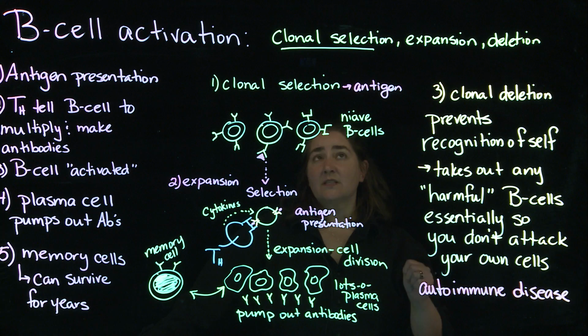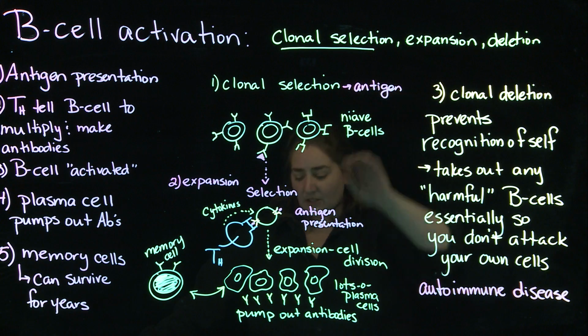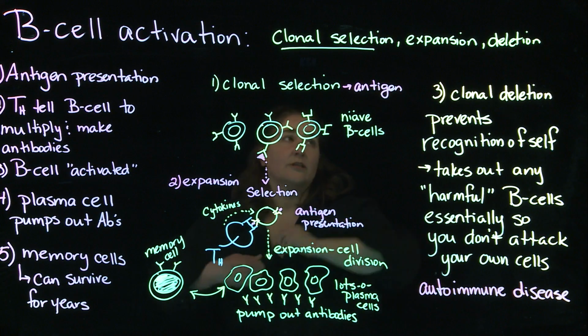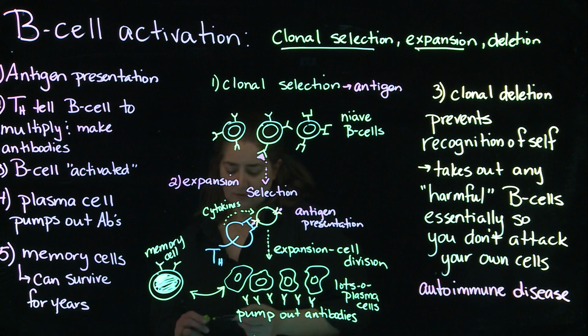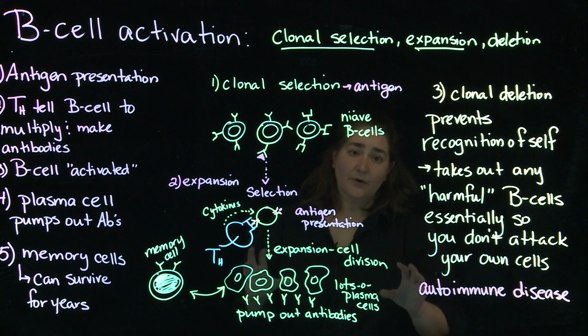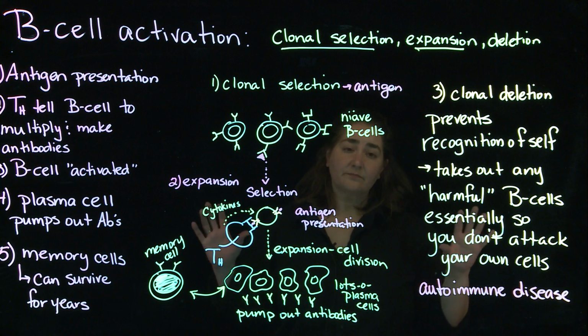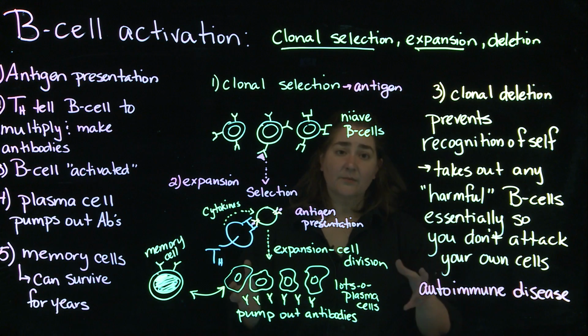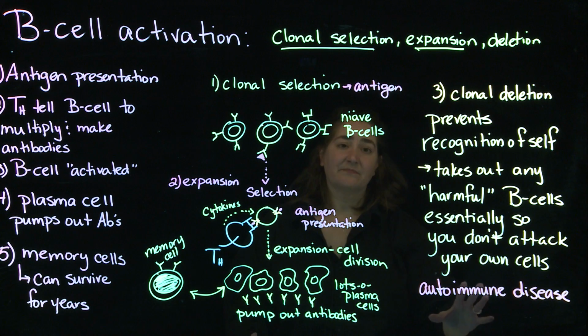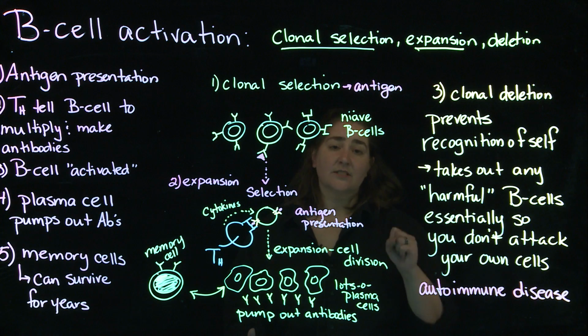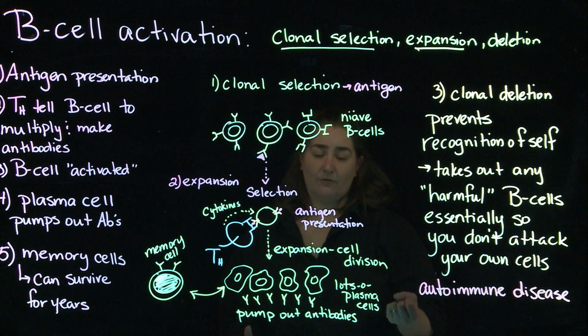So B cell activation includes clonal selection, and we'll underline clonal expansion, those are going to be part of B cell activation. All right? Part of the process of B cells developing within the bone marrow also involves clonal deletion. That clonal deletion is going to remove any B cells that recognize self.